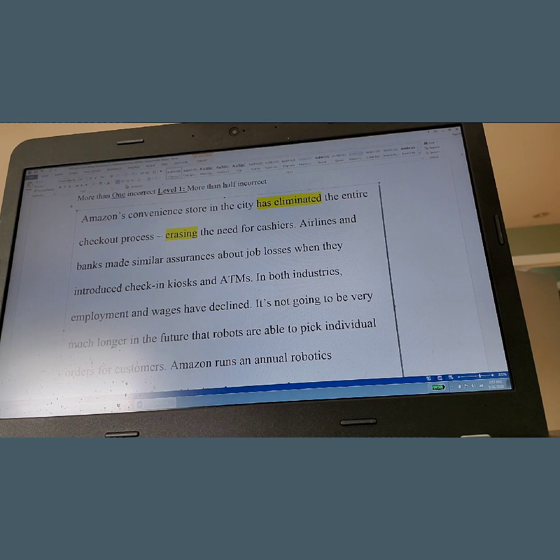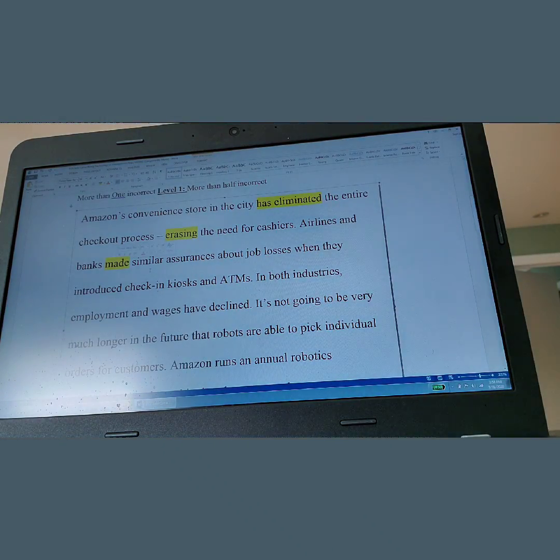So the first verb there is made. No, not online. Highlight. There we go. And then introduced.